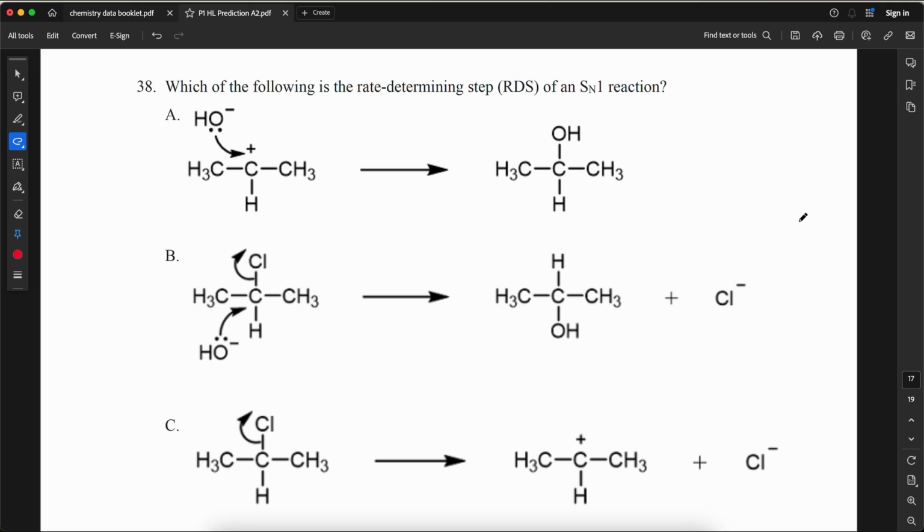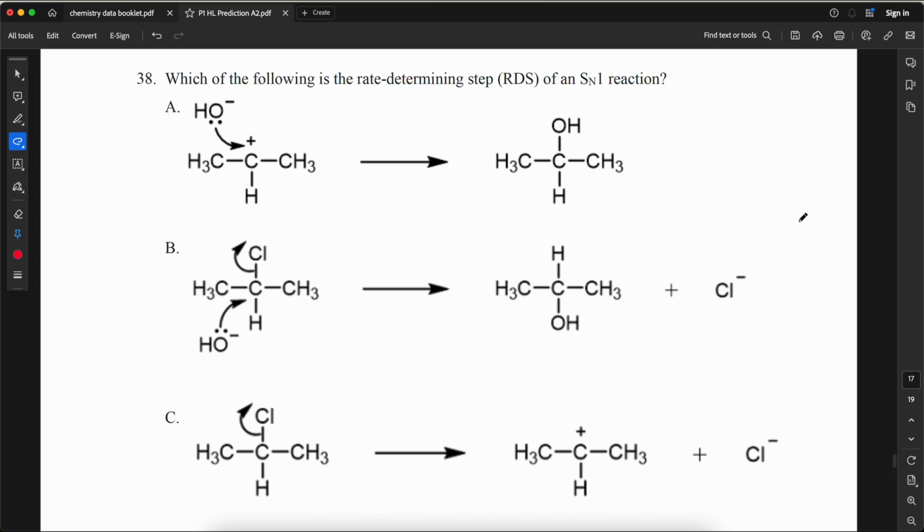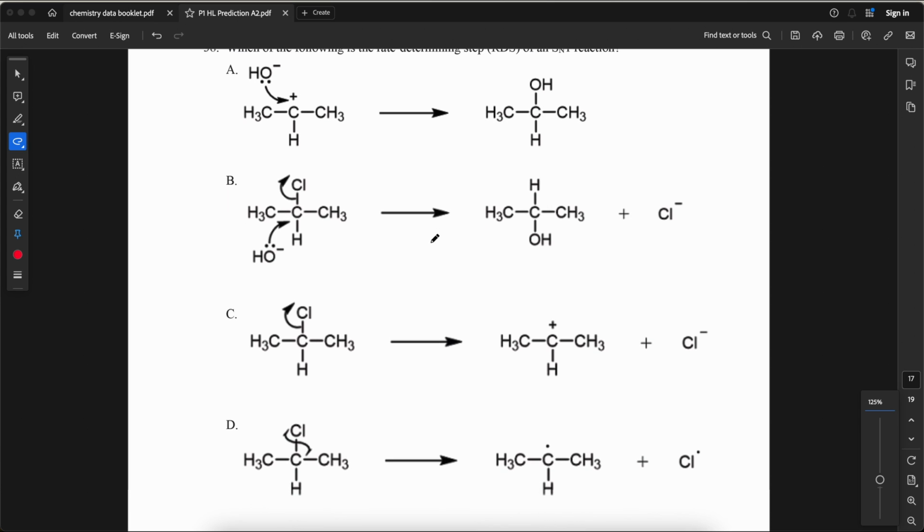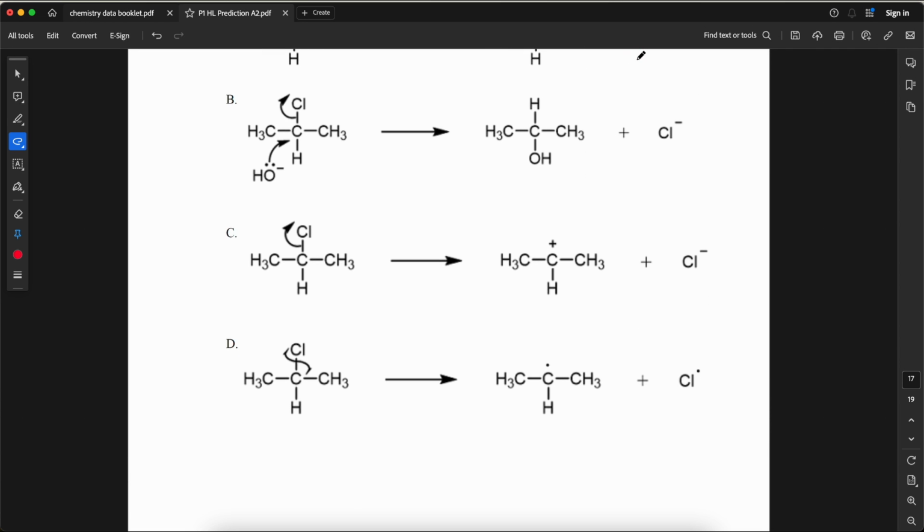Which of the following is the rate determining step (RDS) of an SN1 reaction? First, SN1 has a unimolecular rate, producing a carbocation intermediate. So the first one should produce Cl minus, so this is not the case. But let's see the key here. The rate of an SN1 reaction is not affected by changing the nucleophile, because the nucleophile attacks only after the rate determining step.